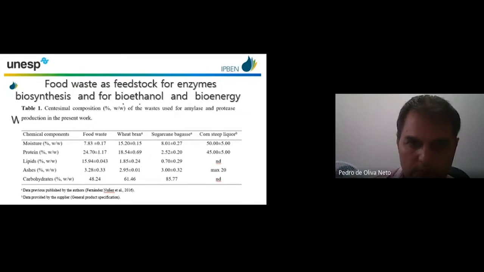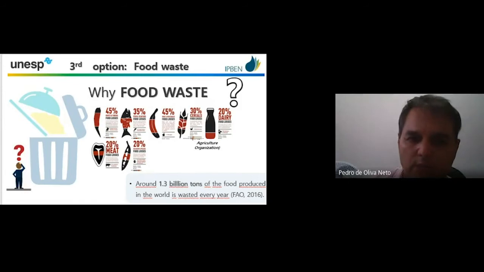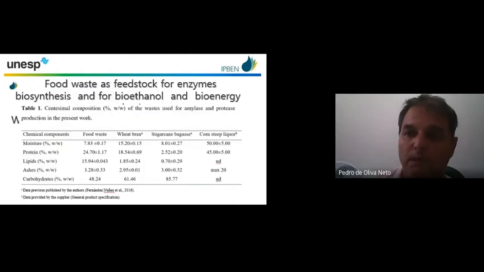Another option of feedstock is food waste. Food waste is produced in the world about 1.3 billion tons. So it's a big number. And why not use this product to produce ethanol, biofuels in general?